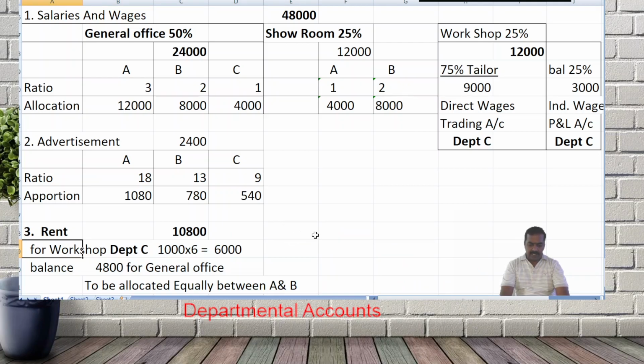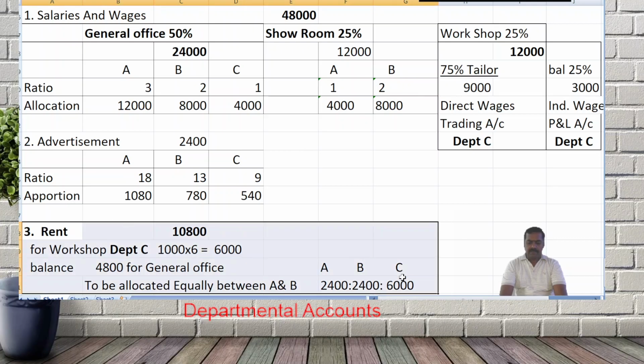So if you look at the allocation for A and B, rent, 2,400 for each, and for C, we already worked out how much? 6,000. This is allocation for A, B and which one? C. This is the allocation of rent.